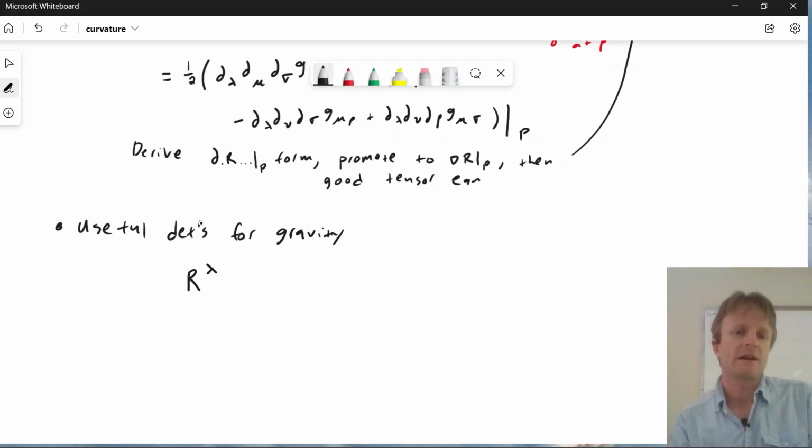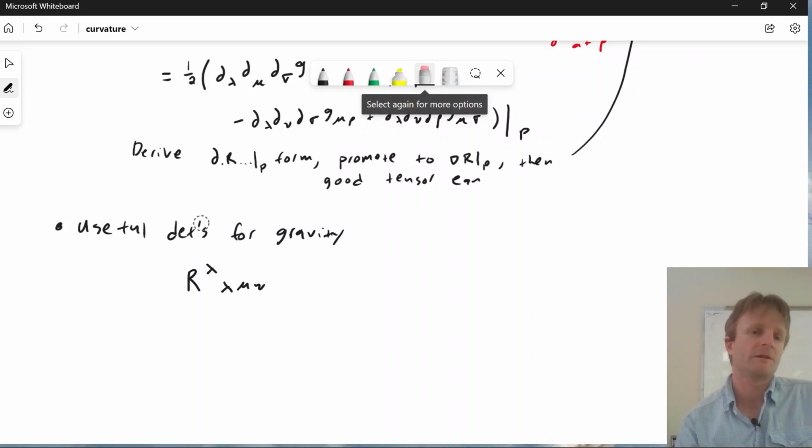Now, which index could we contract the first one with? Well, we couldn't do this, because remember, the Riemann tensor was antisymmetric on the first 2 indices, so that would just be 0. I mean, you could do it, but it's not going to be a useful definition. It's just 0.